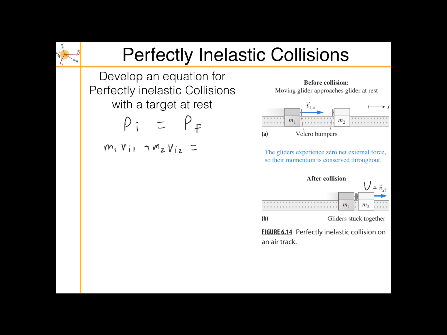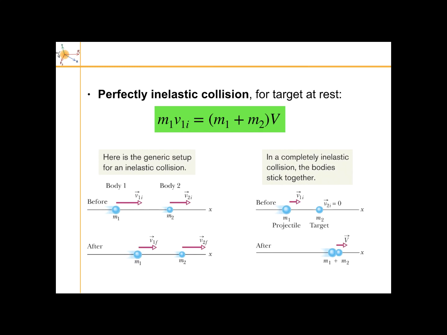That's going to be equal to the mass of the final thing. And the final thing, they're stuck together, so it's going to be m1 plus m2 times capital V. And as I said, this one is initially at rest. So we have an equation that relates m1 v1 equals m1 plus m2 times V. This equation here, we can use it to find the final velocity of an object after a collision.